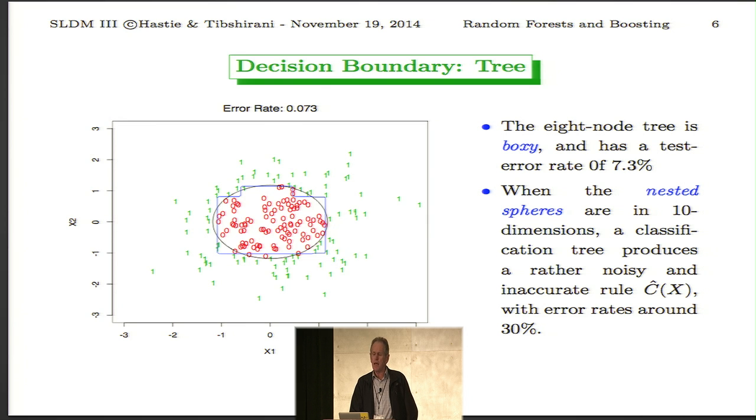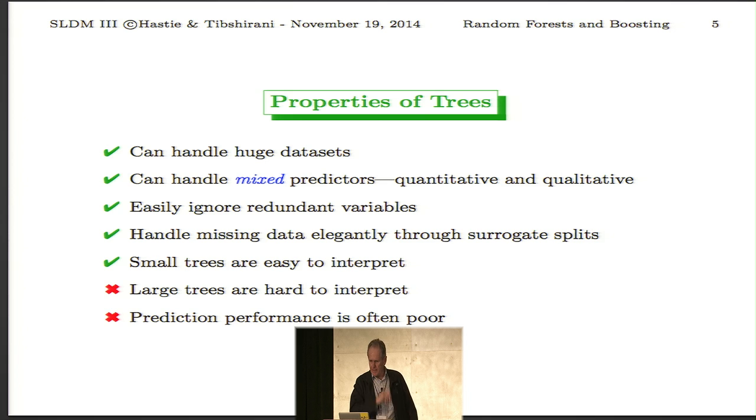Now, if you take the same problem and turn it into a 10-dimensional problem, you imagine I can have a ball in 10 dimensions with the red inside and the green outside, then this tree would make 30% errors. So the problem gets harder as you go into higher dimensions. If you add some noise variables, it's going to get even worse. But still, the tree seems fairly flexible. It's kind of non-parametric. You can find automatic rules fairly easily.